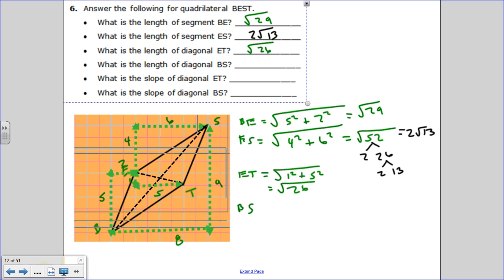So for BS, it will be equal to the square root of 8 squared plus 9 squared, which is 64 plus 81, which would give you 145.